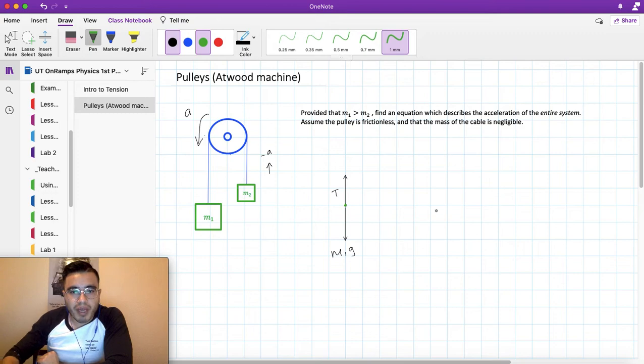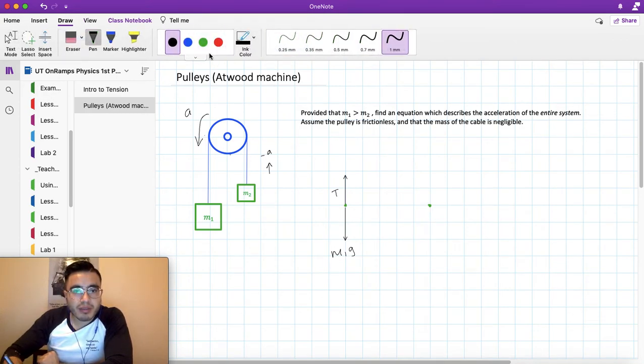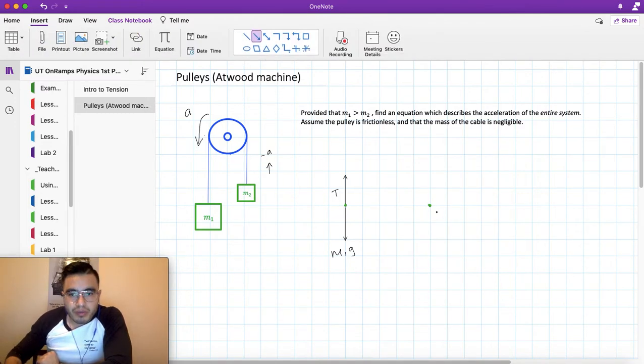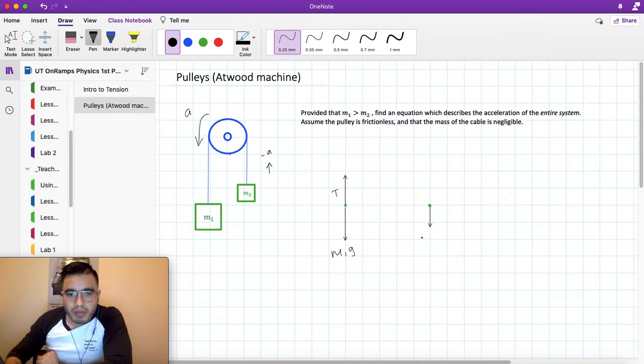Now let's go for mass 2. Center of mass. We have the weight of mass 2 pulling down. There you go. We'll label as m2 times acceleration due to gravity.